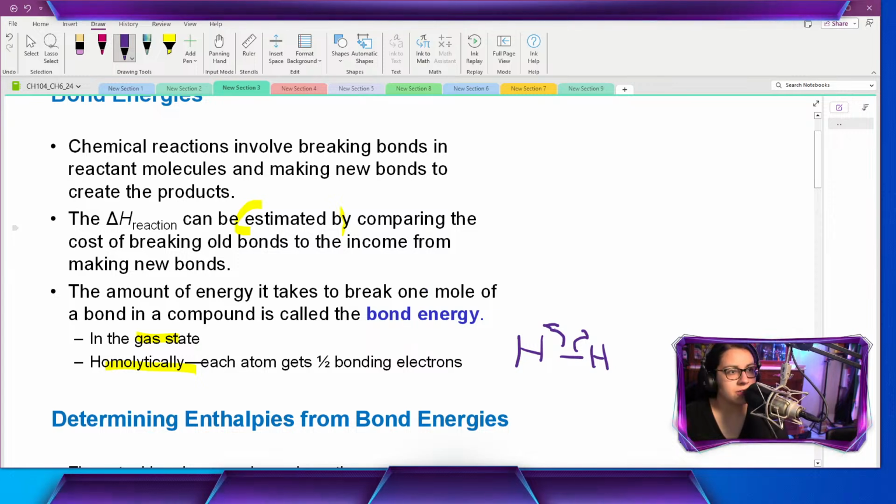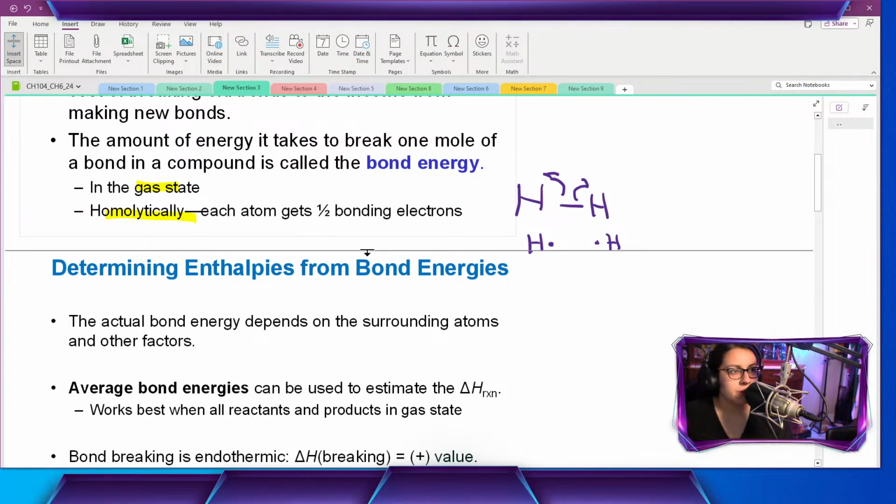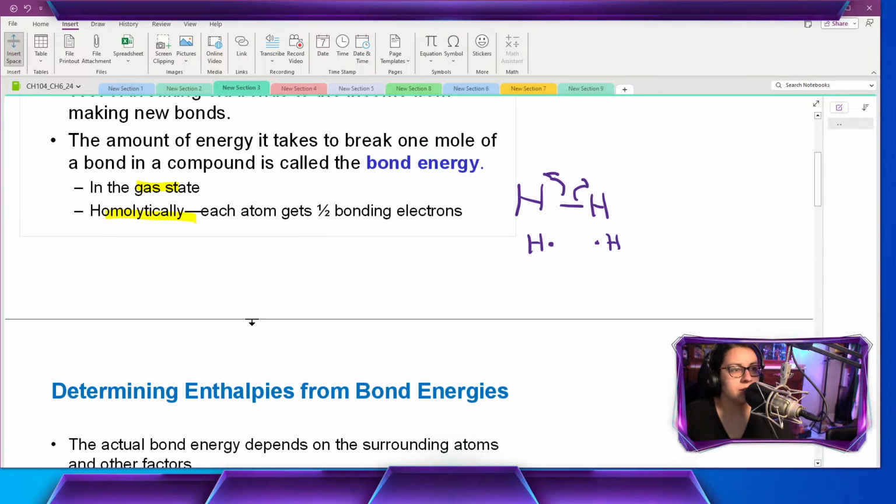So, each atom gets half your bonding electrons. Here we have two bonding electrons in our single bond, and we'd be calculating the energy to do this process. And just to compare, let's at least define what the other type of cleavage would be, and that would be heterolytic.